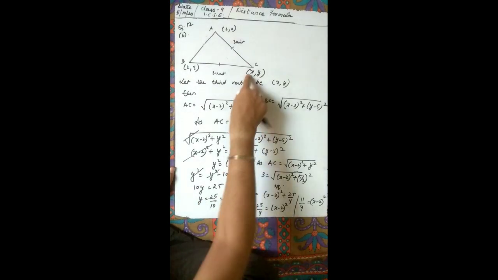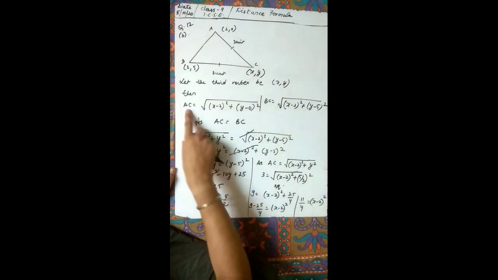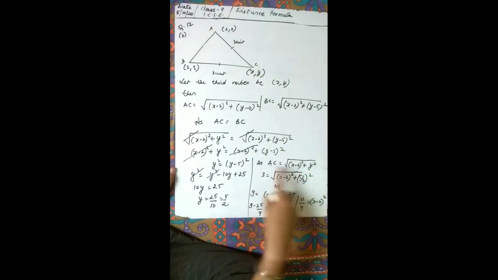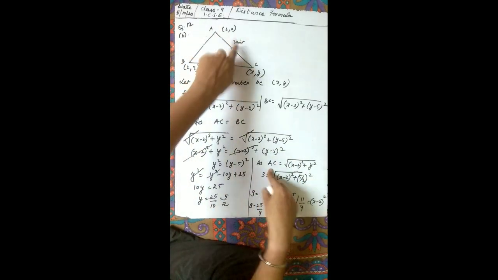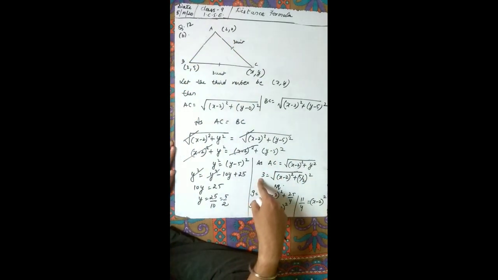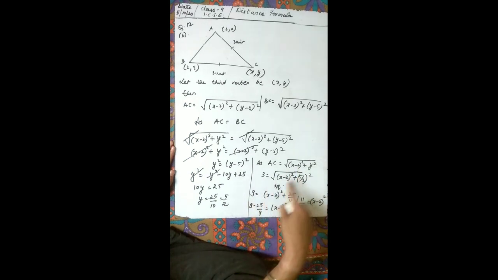Now you need x. How to find x? Just put the value in this AC. AC is equal to this. We have AC as 3 units. So substitute 3 units equal to the root of (x minus 2) the whole square plus the value of y, which is (5 by 2) the whole square. Now you need to square both sides to remove the root.